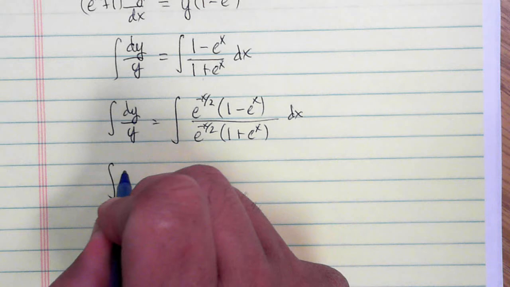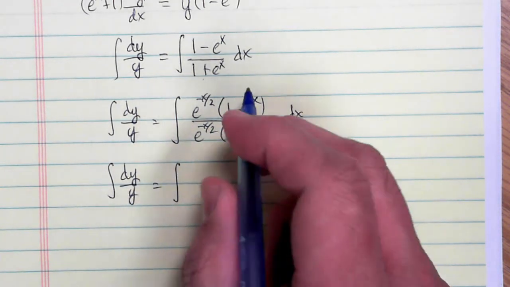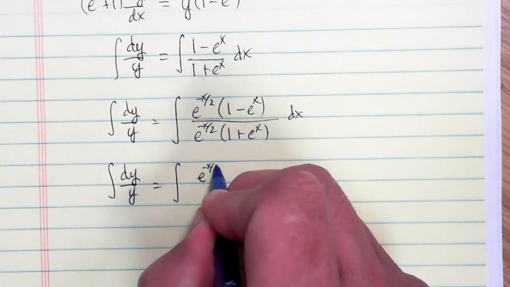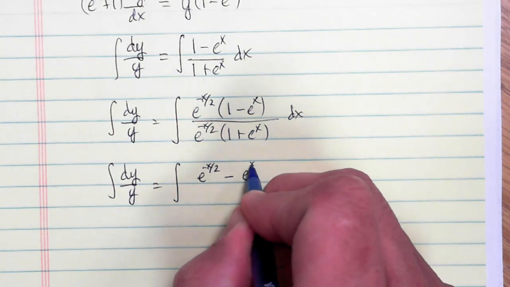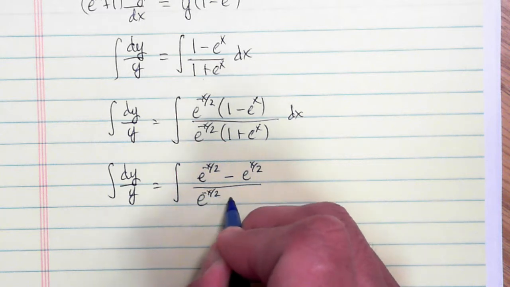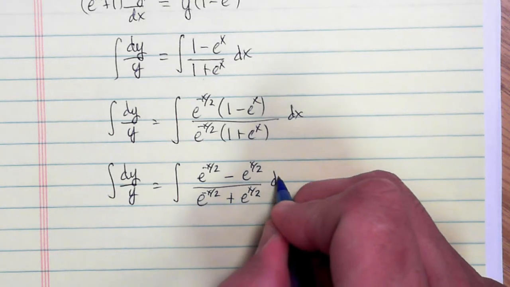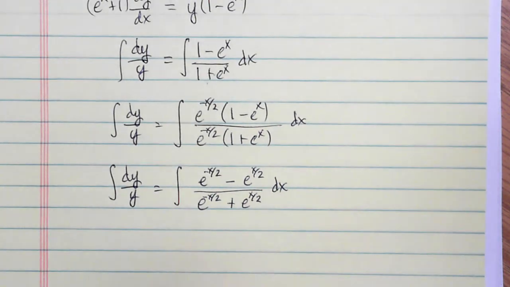Continuing, we get the integral of dy over y equals the integral of e to the minus x over 2 minus e to the plus x over 2, all over e to the minus x over 2 plus e to the x over 2, dx. Now, why in the world did I do that?